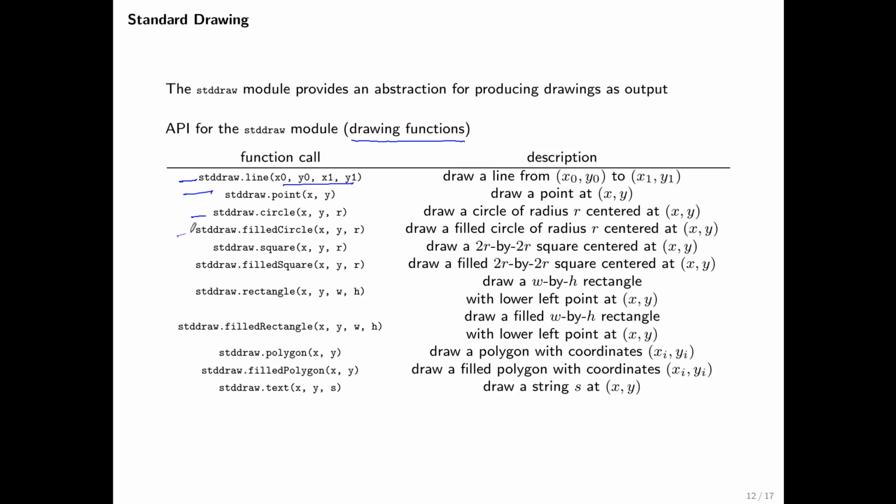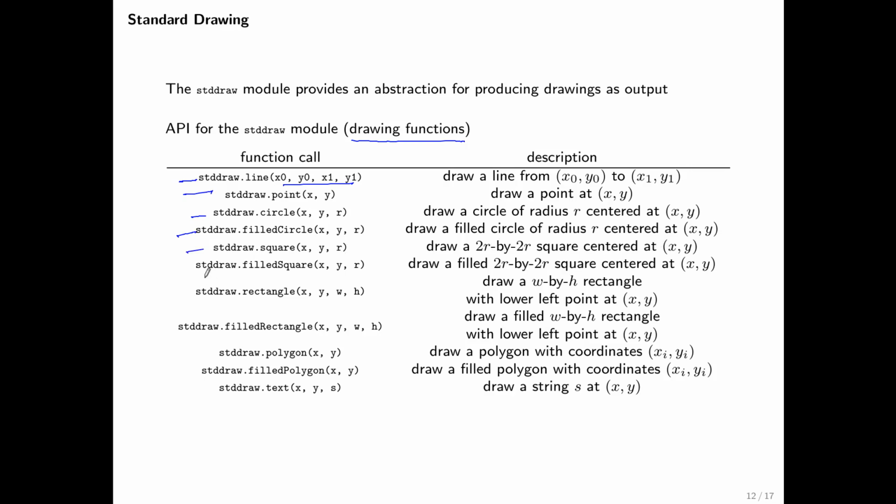You can use this function to draw a filled circle. The circle is going to have a center x, y and radius r, and it's going to be filled with some color that you specify with one of the control functions that we will discuss later on. Then you can use this function to draw a square. It takes 3 arguments, x, y, and r, and it's going to draw a square that has dimensions 2r by 2r and is centered at x, y.